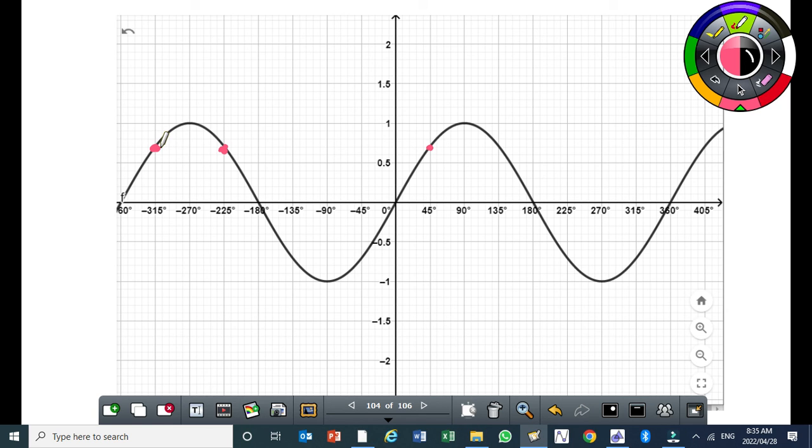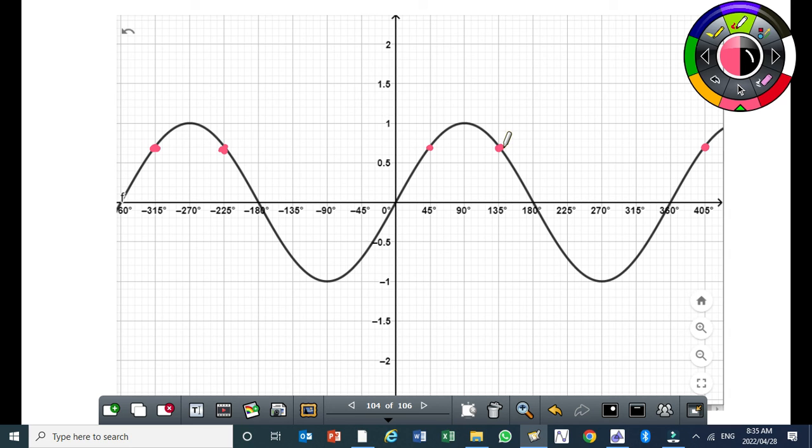Then there's also a point to the far right where it's also 0.7, and also here, 135. So it means that we have 5 values, according to this interval that I have here, that can satisfy this equation, sine theta equals square root of 2 over 2.